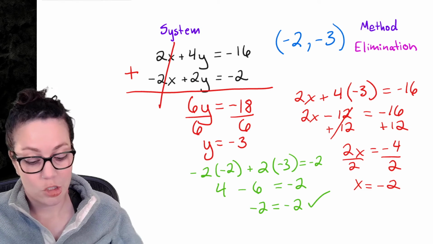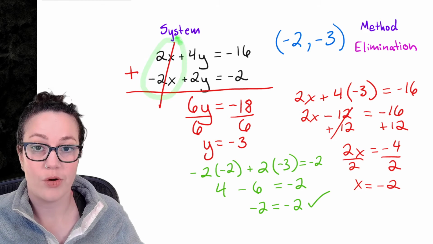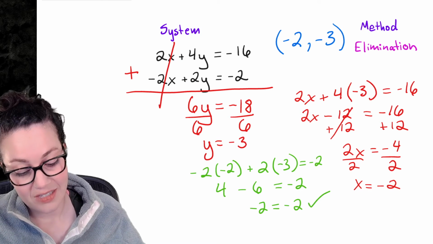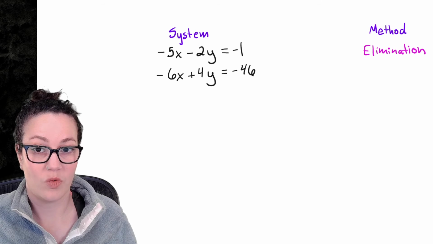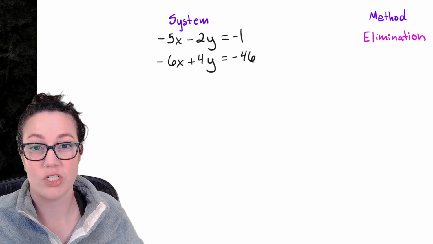So with elimination, we're really looking for these opposite coefficients on the same variable. But sometimes we don't have that given to us right from the beginning, right? That first equation was pretty nice because we already had opposite coefficients.